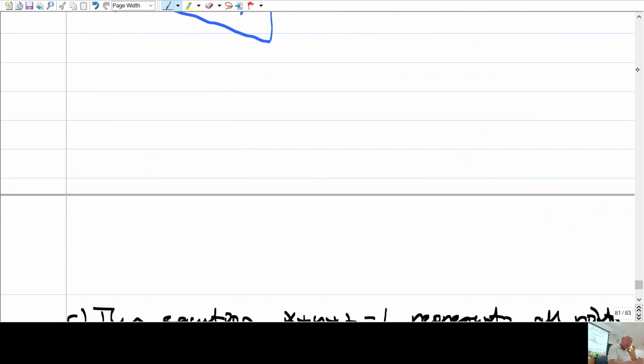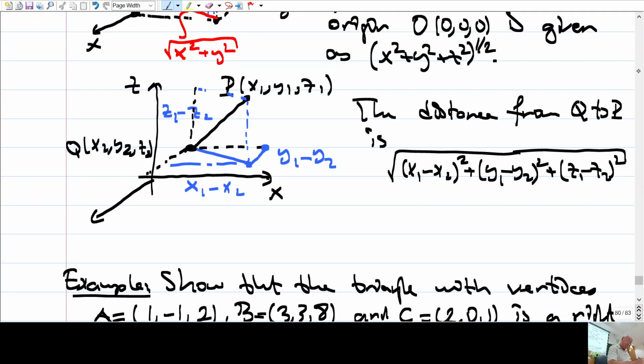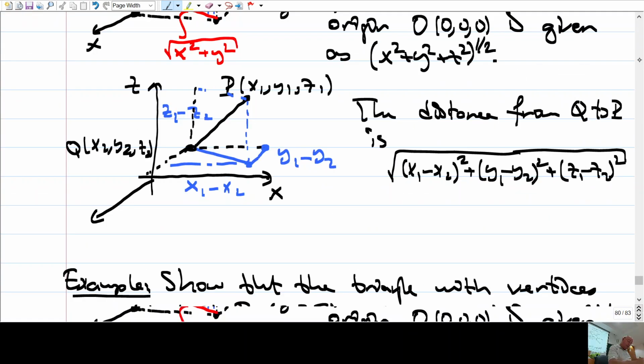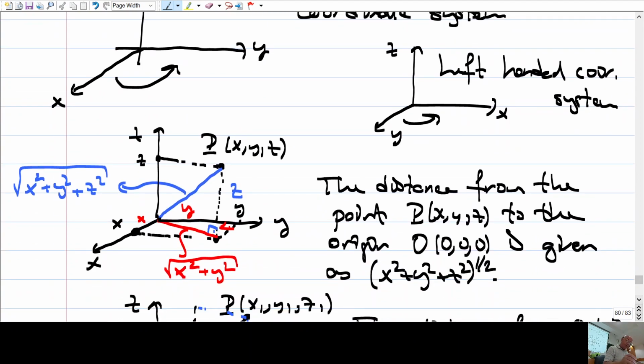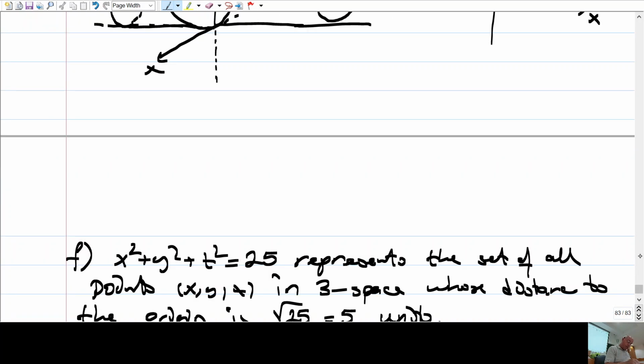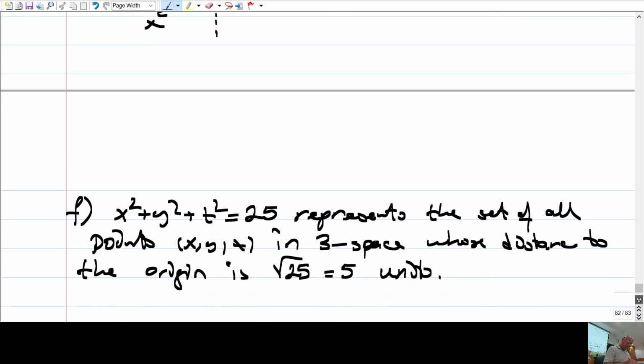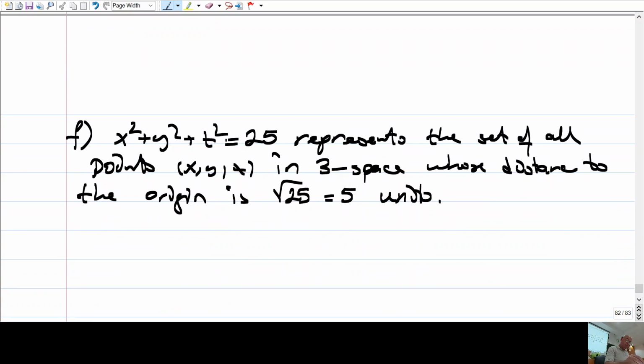We did this at the beginning here, right? The distance from the point x, y, z to the origin was the square root of x squared plus y squared plus z squared. So in our case, we have x squared plus y squared plus z squared equal to 25. So the square root of this is just 5.